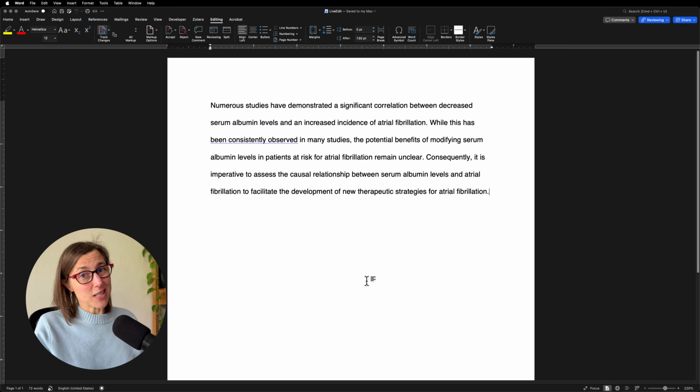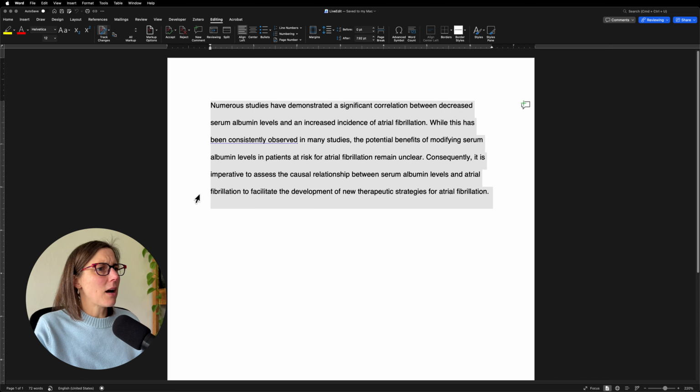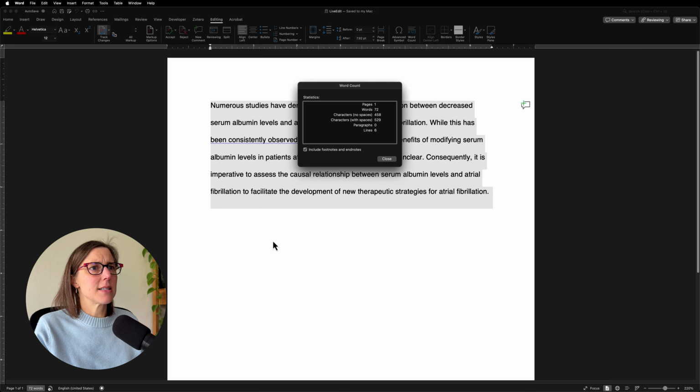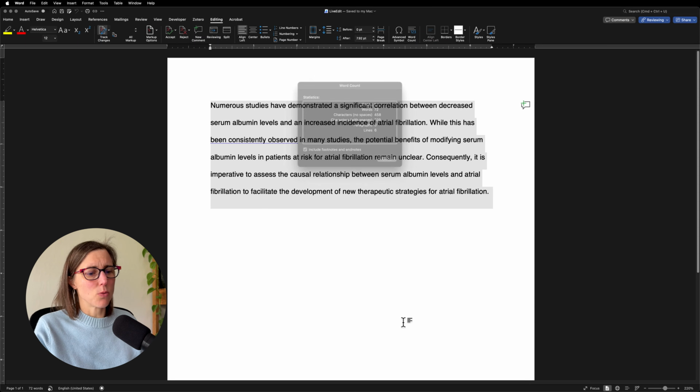Now, adding a topic sentence means that you're going to add words to it. And so if you're concerned about a word limit, you might be concerned about adding a topic sentence. And so we're going to go ahead and add a topic sentence and see what happens with the word count. And so right now we are at 72 words with this sample.